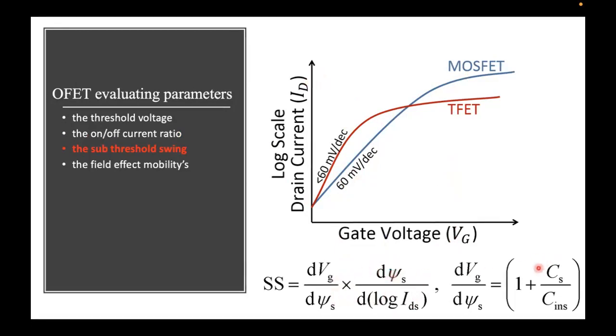I think we will consider it 2 or 3 slides from now, which is the capacitance included in a MOSFET or in a transistor in general. So to what extent will your transistor be able to accelerate from the zero current to the on current in a high and speedy way? This is described by the subthreshold swing.